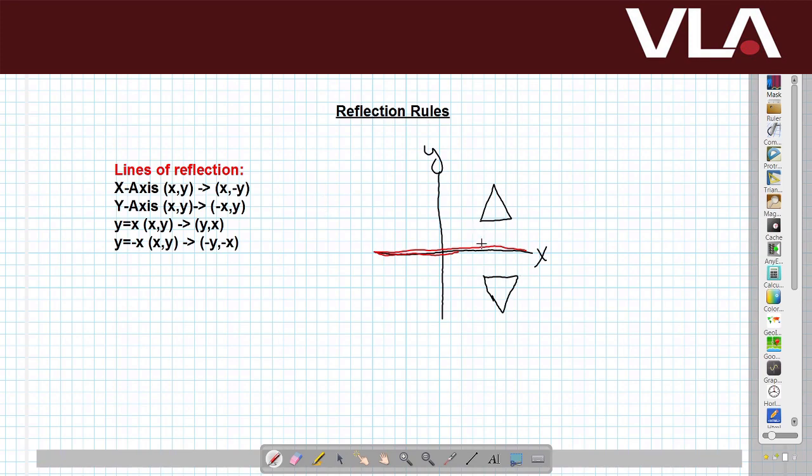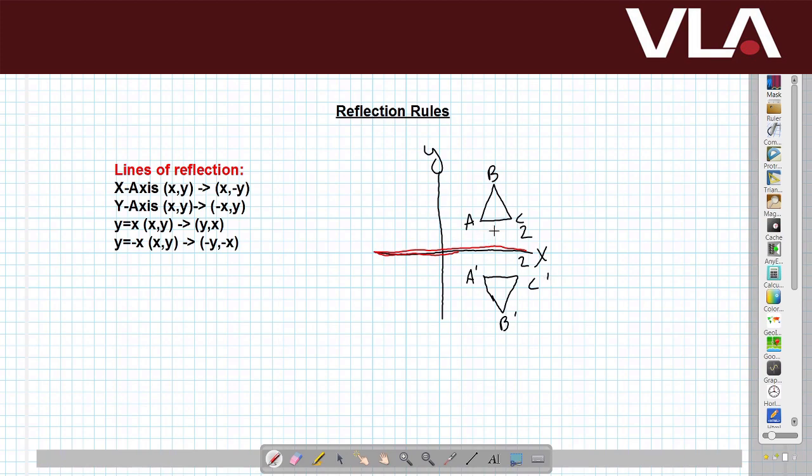These are equal distance from the line of reflection. This should have been 2. That should have been 1, 2. The same distance. So if I had to plot these points, let's say if this was A, B, and C, these points down here, this would be B prime, A prime, and C prime.